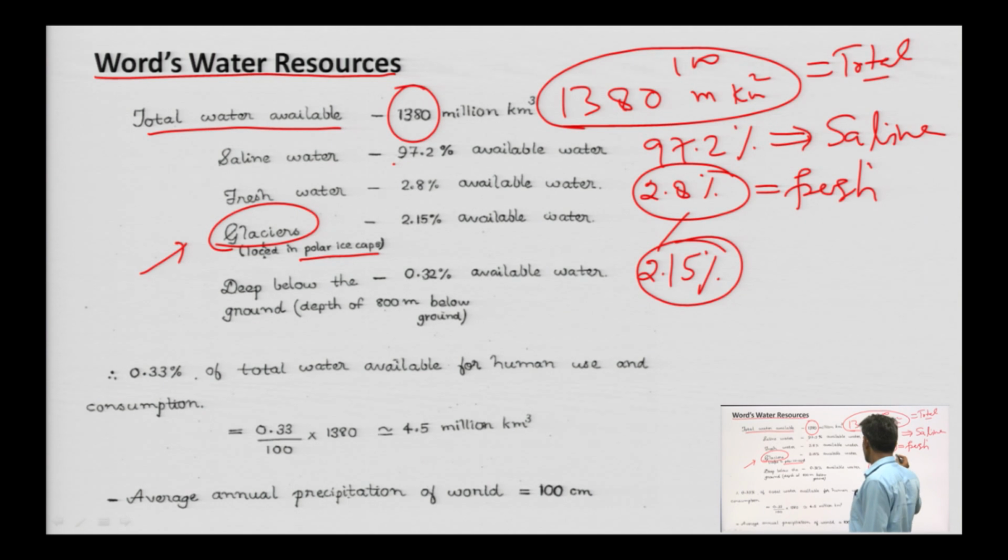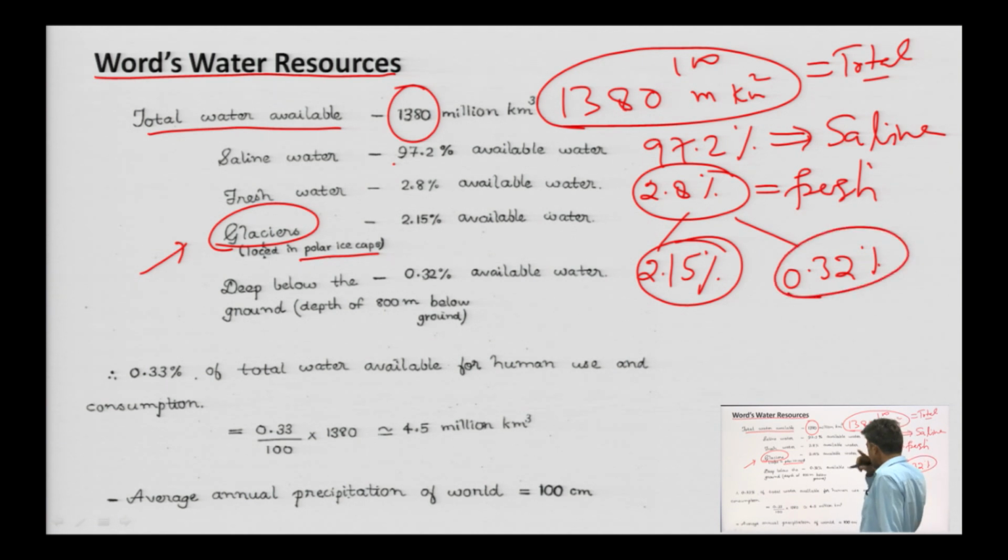Some part of the water, 0.32%, is available in the ground, at a depth of 800 meter below the ground.